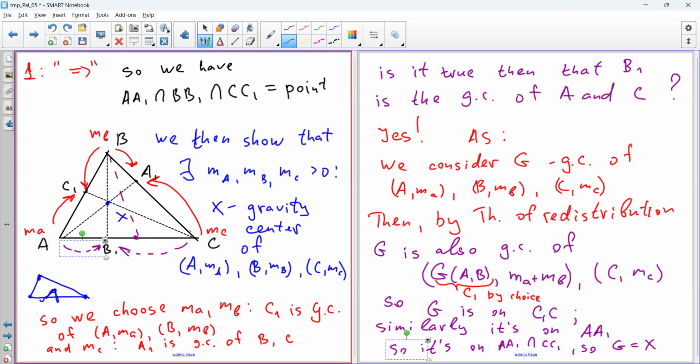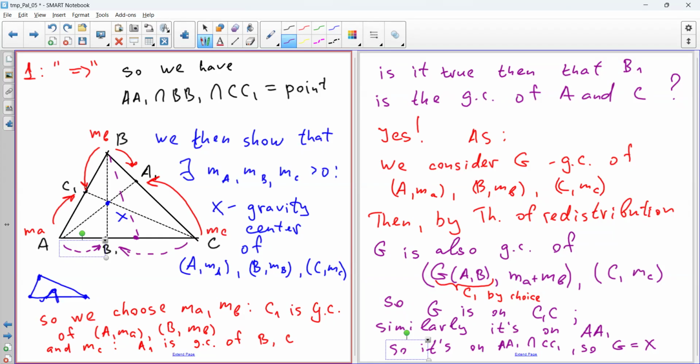The gravity center of these two, somewhere over here, by assumption not equal to B1, and B. But this segment just doesn't pass through X. That means that G, the gravity center of the entire thing, cannot coincide with X then, which is clearly a contradiction because we just showed as a property that G coincides with X.